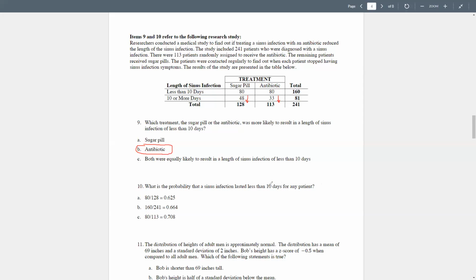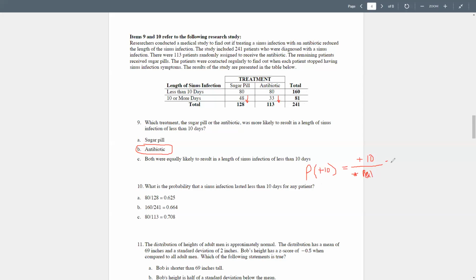So remember what we learned in class: the probability of having 10 or more days is going to be the number with 10 or more days over the total number of patients surveyed.